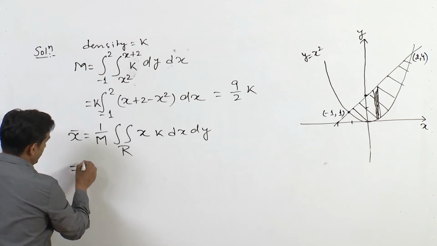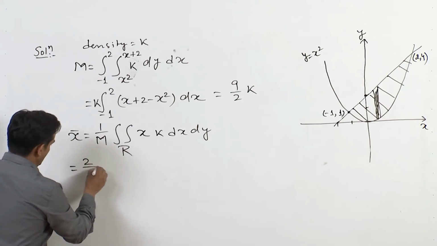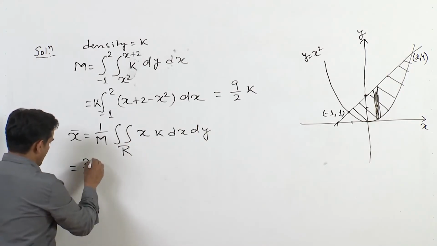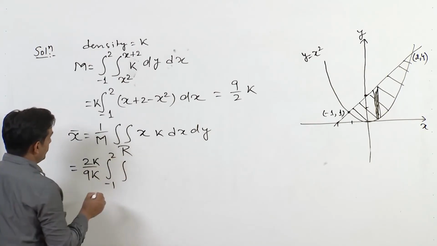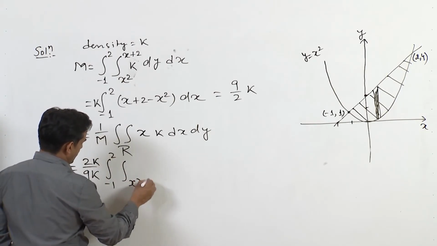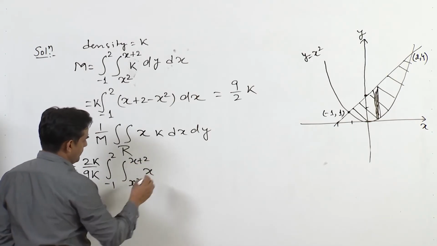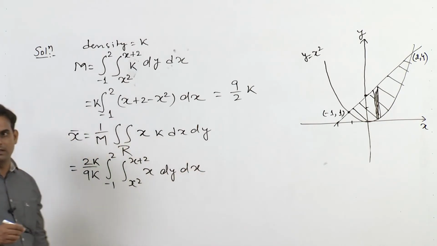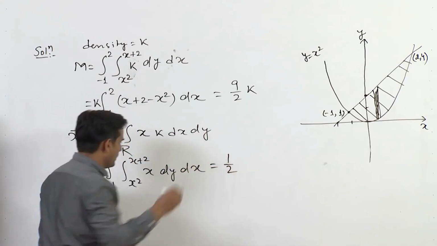So, this equals, m is 9/2 k, so 2 upon 9k, and k is here. So, this k I can take out, again the limit will be minus 1 to 2, x square to x plus 2, and then x times dy dx, and this comes out to be 1/2 after solving this.